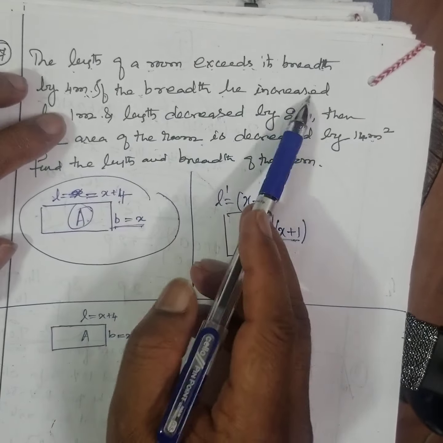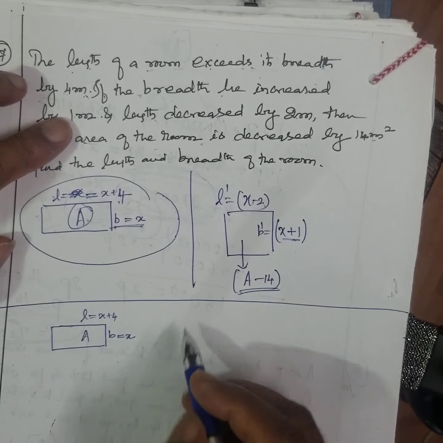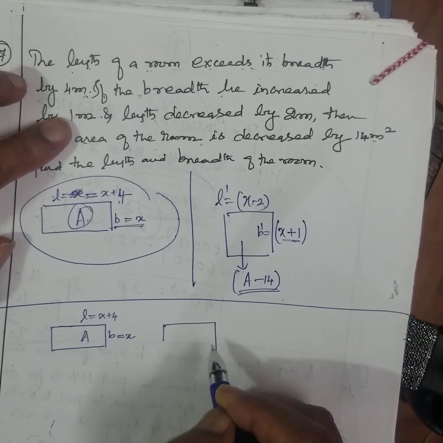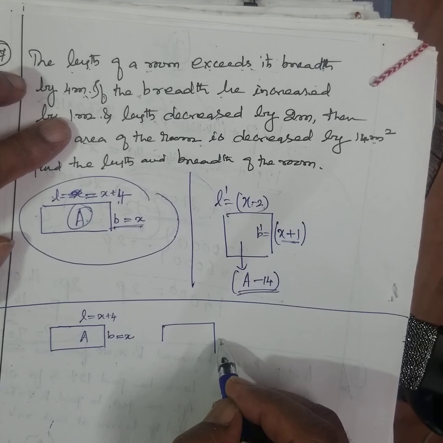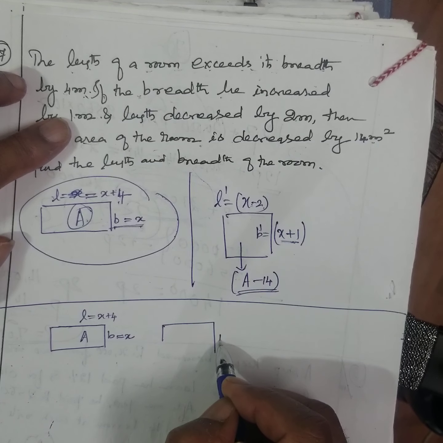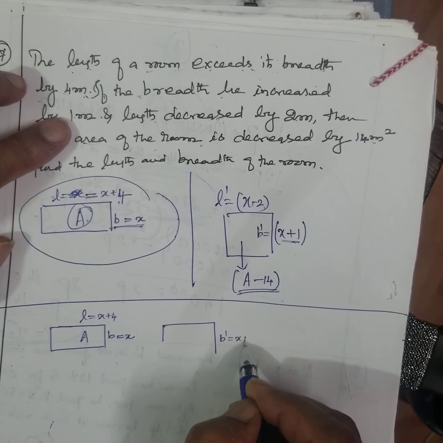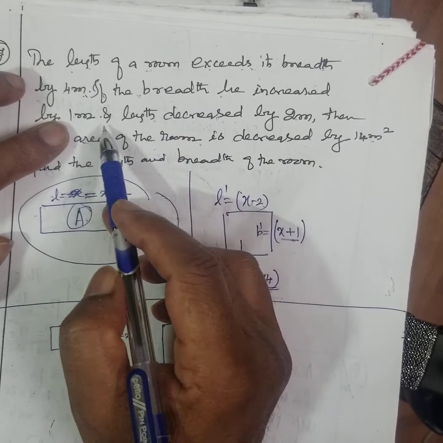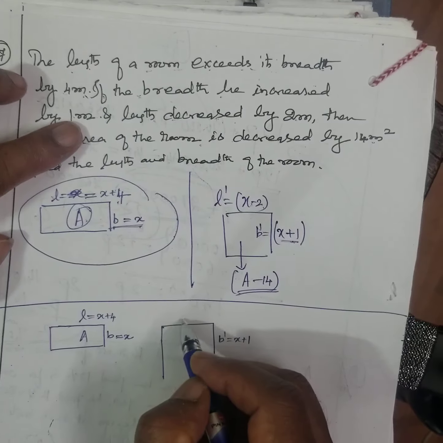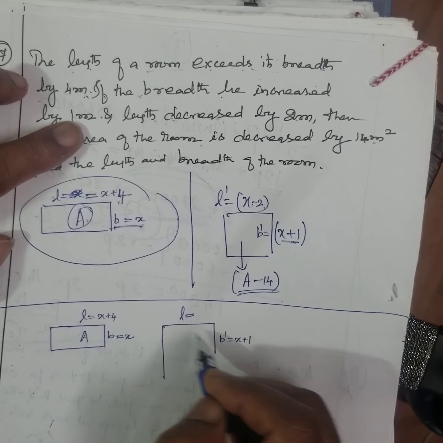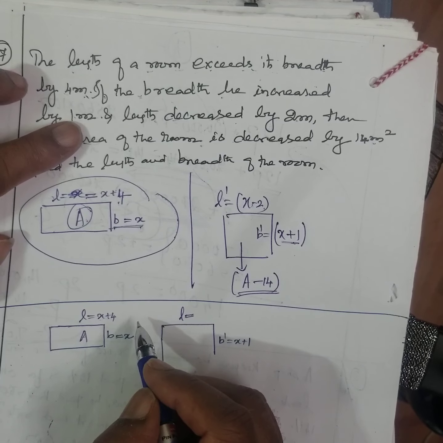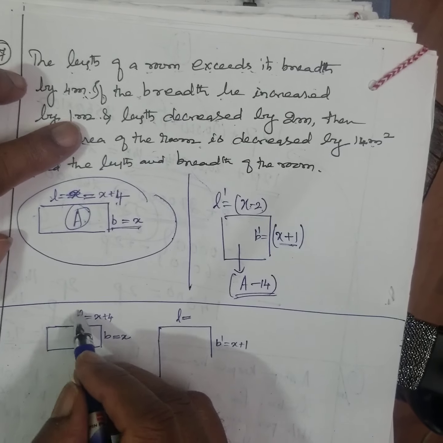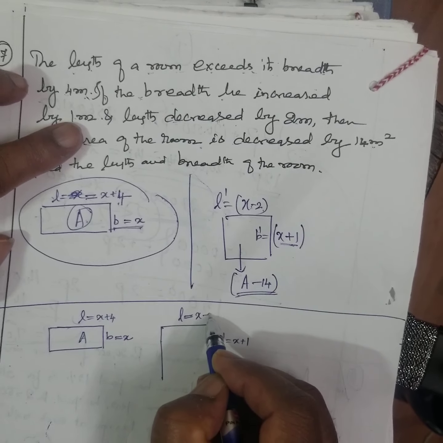If the breadth is increased by 1 meter, the new breadth is x plus 1. Then the length is decreased by 2 meters. L was the original length, now decreased by 2 meters.